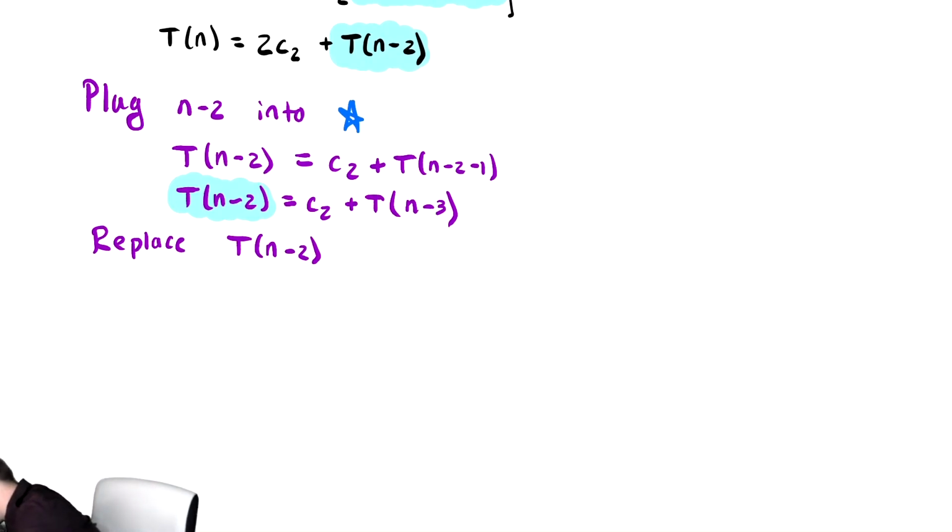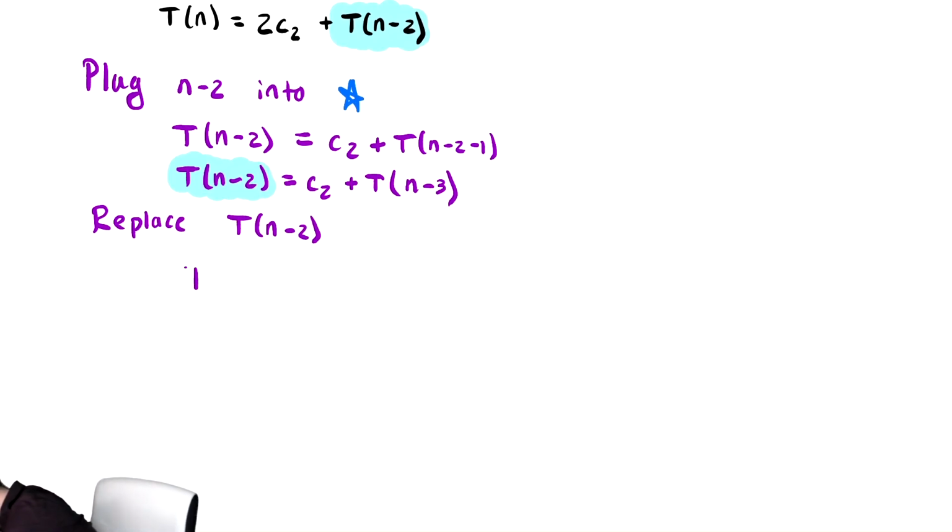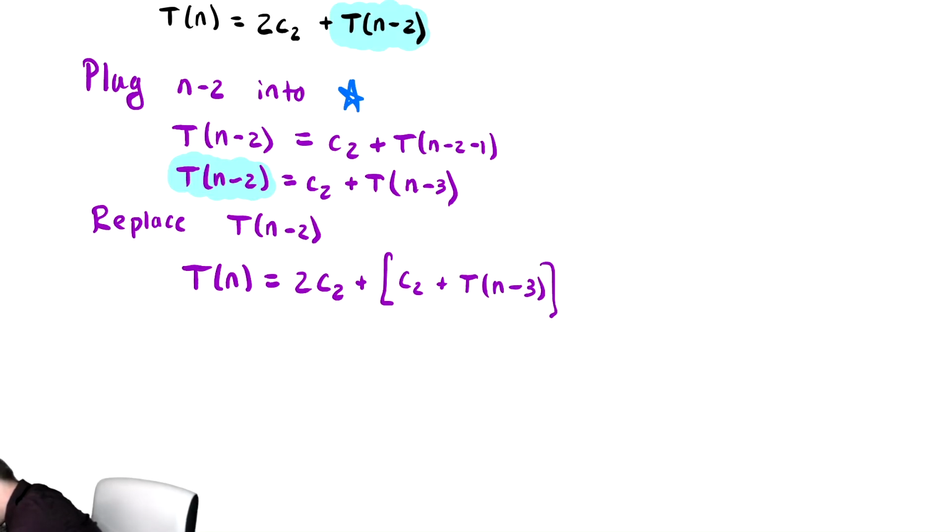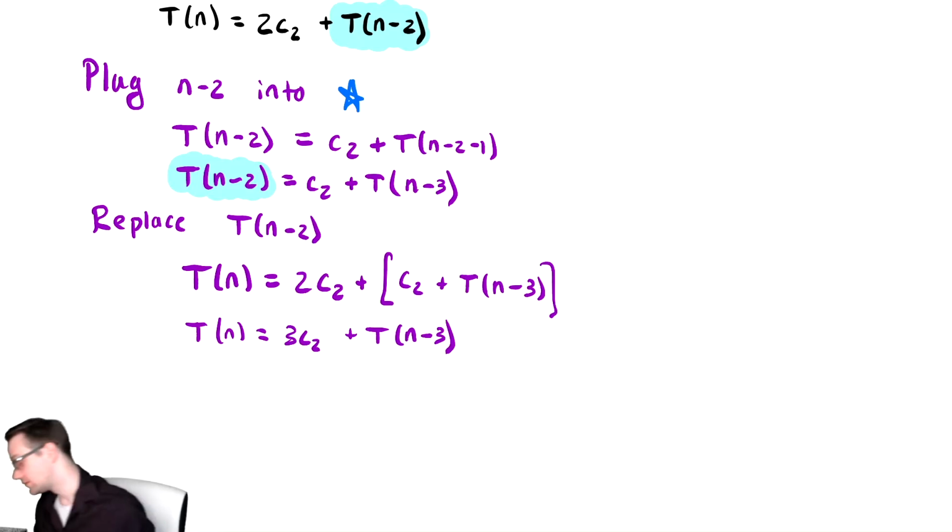So you get t of n is equal to 2c2 plus t of n-2, but I am replacing that with the right-hand side, which is going to be c2 plus t of n-3. T of n is equal to 3c2 plus t of n-3.